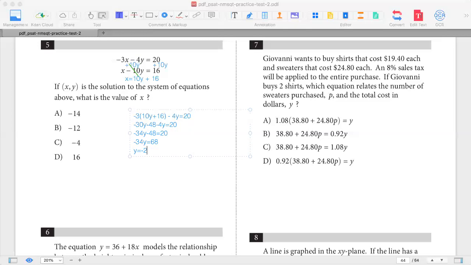Okay, now I got the value of y. Let's substitute the value of y here in x. So I will write it in another color.